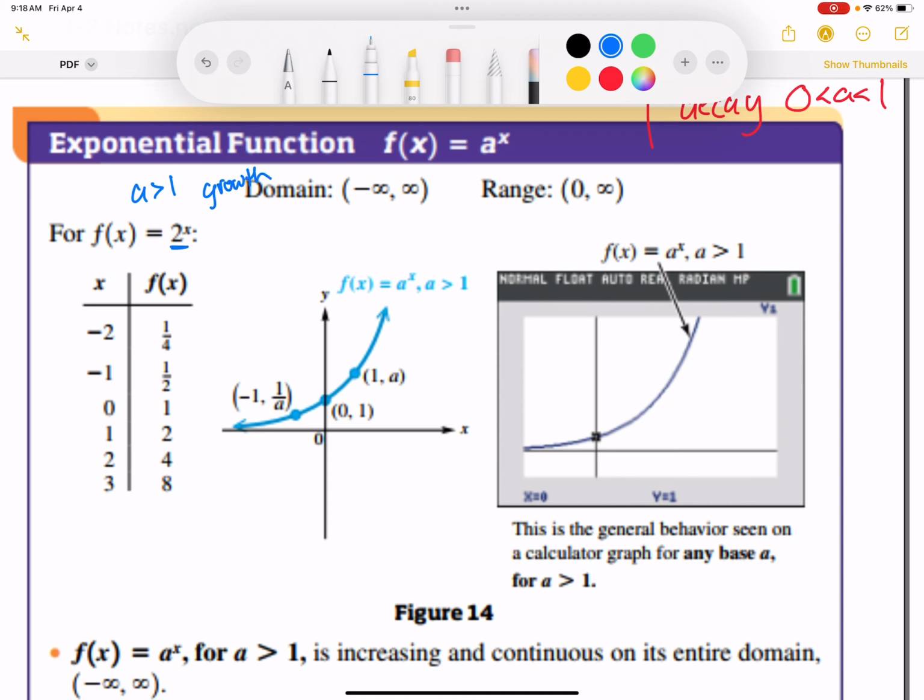All right, and you just plug in some points, right? There's 3 points that you can always count on. I mean, there's more points you can always count on, but if you have A to the x power, then you can have the point -1, 1 over A, the point 0, 1, and the point 1, A. That's kind of the classic points that you can get. You can get more points, obviously, in this table.